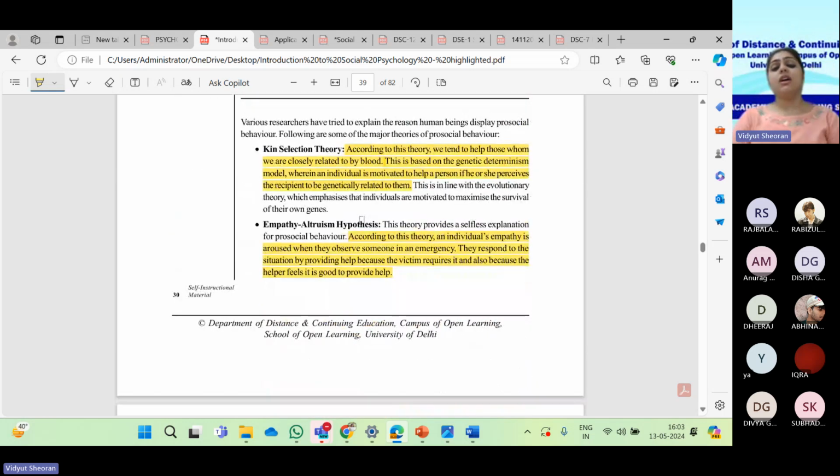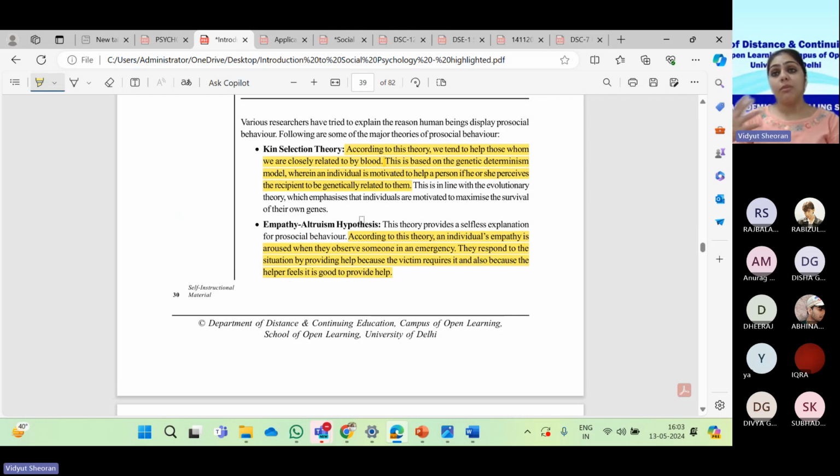So let us now see some of the theories of pro-social behavior. One is the kin selection theory. In this, we end up helping people whom we know or who have some blood relation with us.